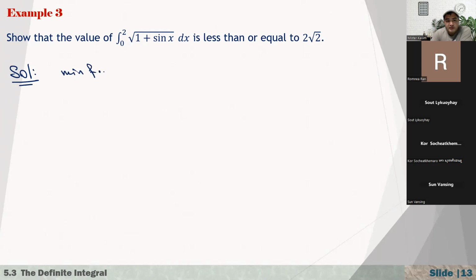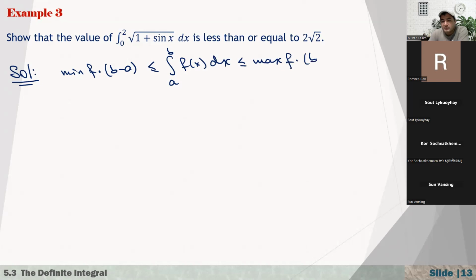The minimum value of f times b minus a is less than or equal to the definite integral from a to b of f of x dx, and that's less than or equal to the maximum value of f times b minus a. Now, if you use this property, then the value of this definite integral is always between the minimum value of f times b minus a.